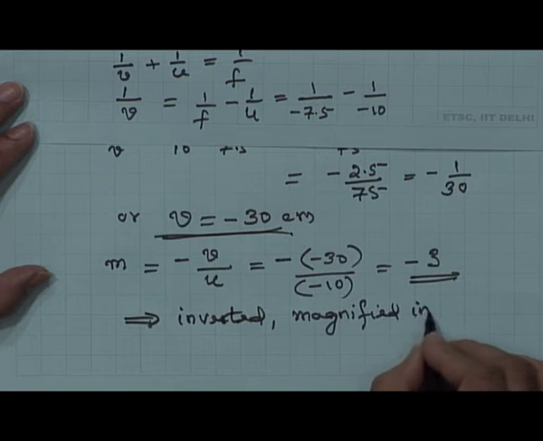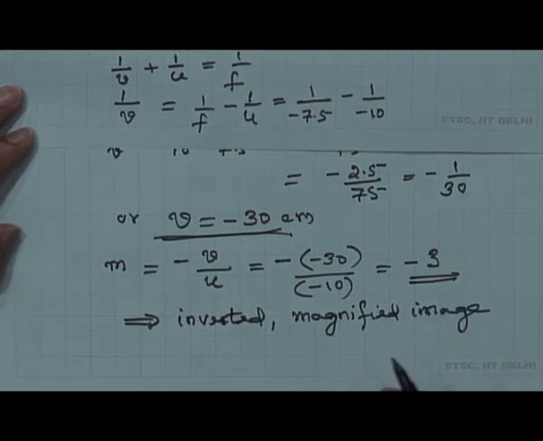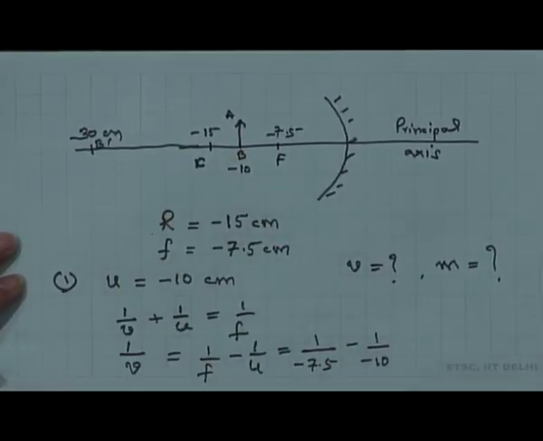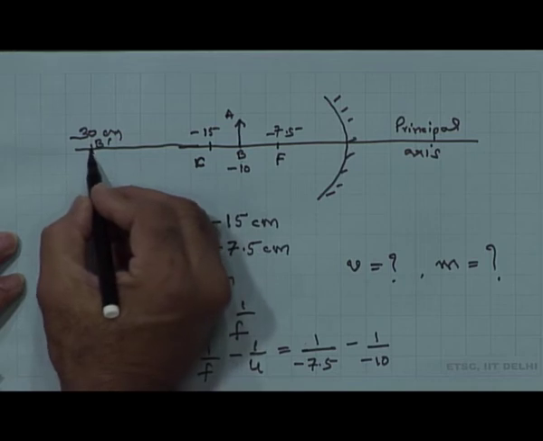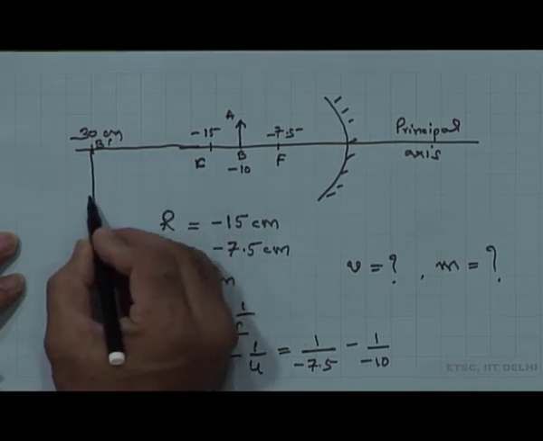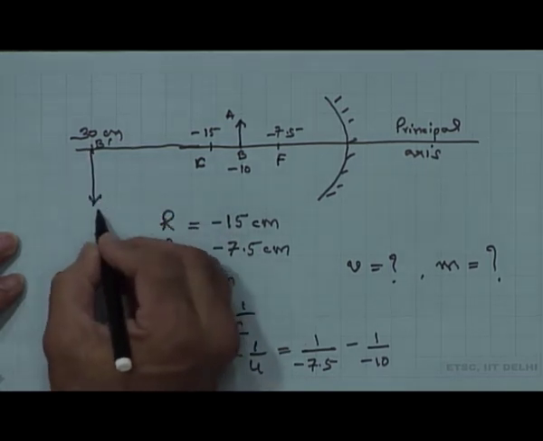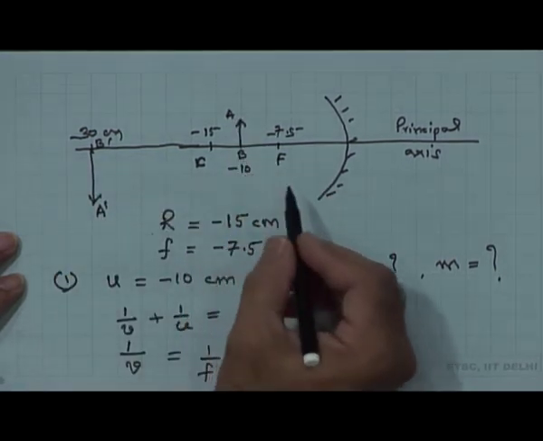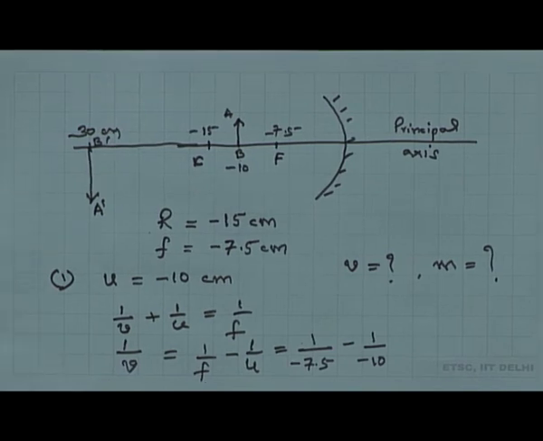In fact, this was the question which I asked: can we have a magnified image? Yes, as we can see, when the object is here, we get a magnified real image. So, this is what we have: A dash B dash is 3 times AB at a distance of minus 30 centimeter.